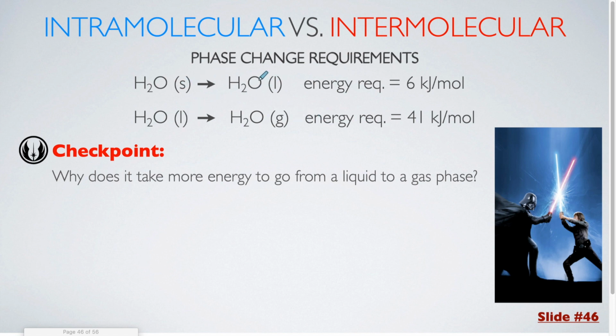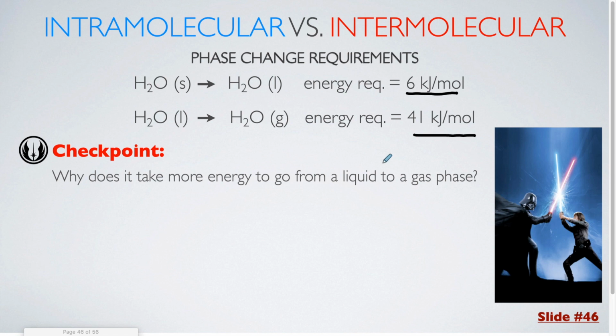So I'm going from solid to liquid, and that requires 6 kilojoules per mole, and liquid to gas, which is 41 kilojoules per mole. Now, you do not have to actually remember these numbers, and the numbers themselves honestly aren't that important. The key thing that you need to see here, though, is that going from solid to liquid is less energy. Going from liquid to gas is a lot more energy.